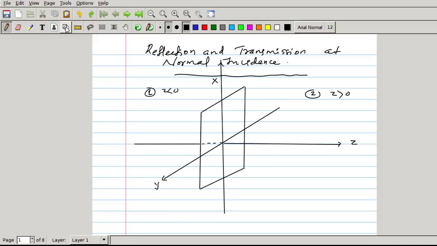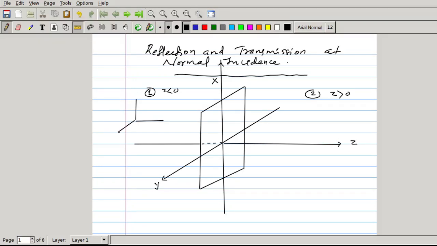On the left side, consider the incident wave. This is the direction of propagation, and the electric polarization I am taking along the x direction. The magnetic field I am taking along the y direction.